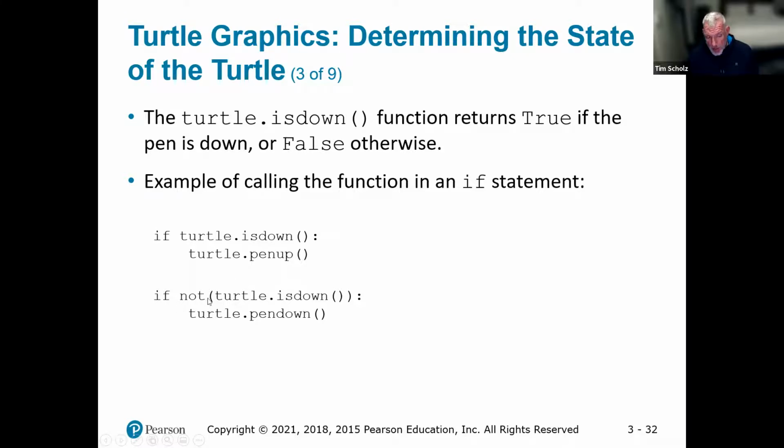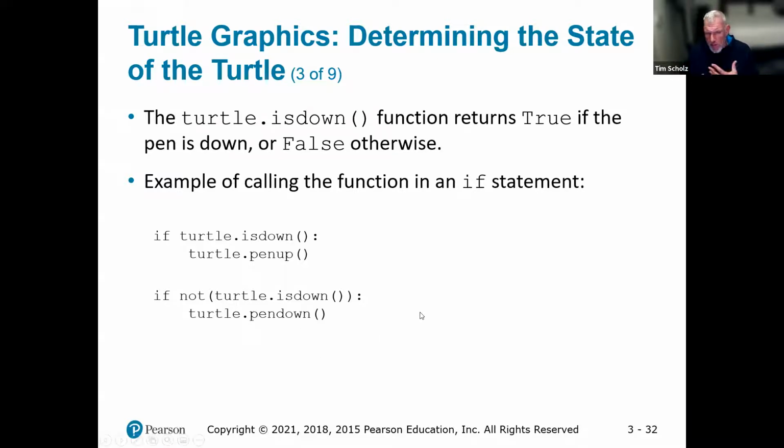If not, turtle is down. So again, we're using the not expression here to see if it's down. Is down means that it's down. So we want to determine if it's not down. Well, if we use the not, we say if not is down is true, that means set turtle pen down.